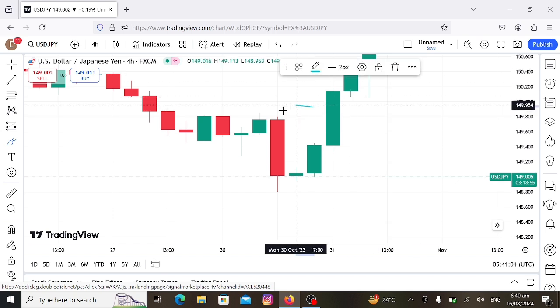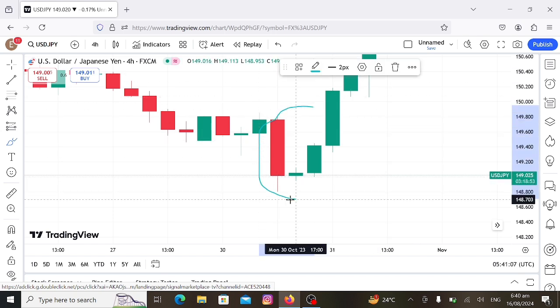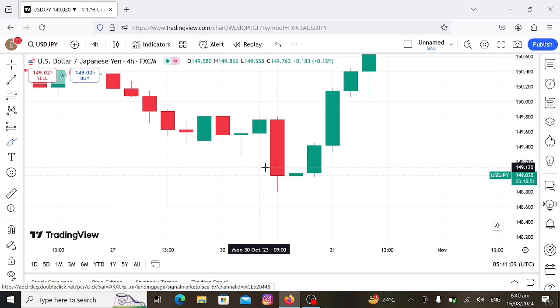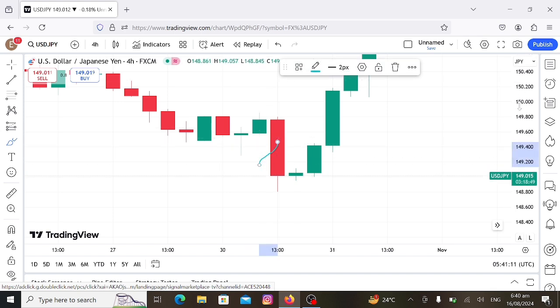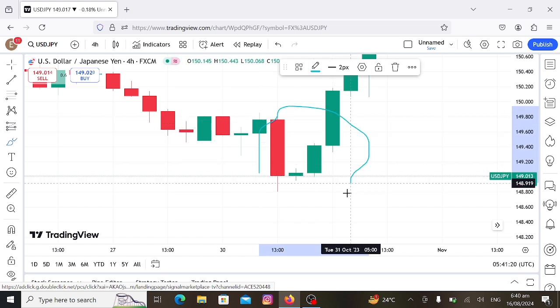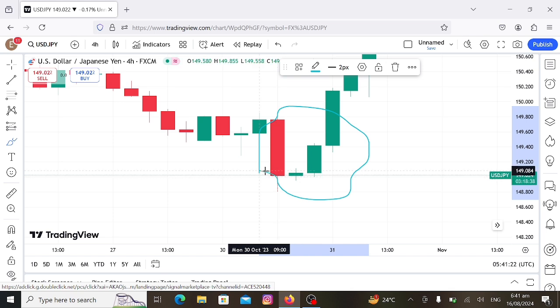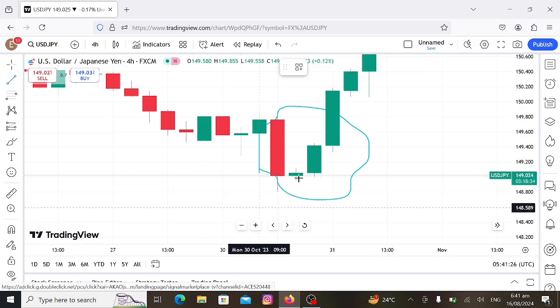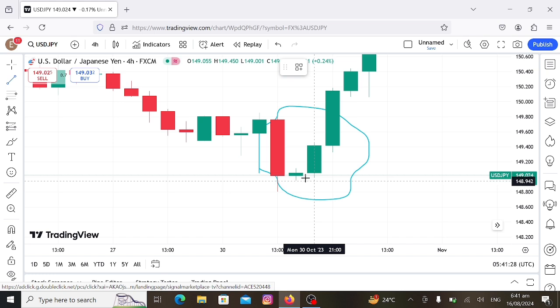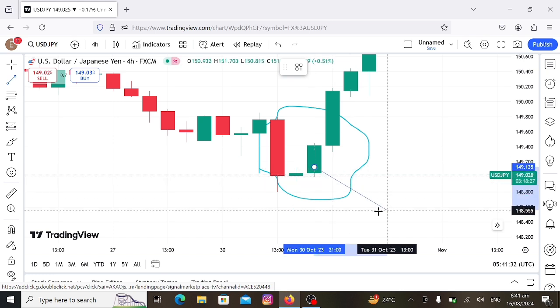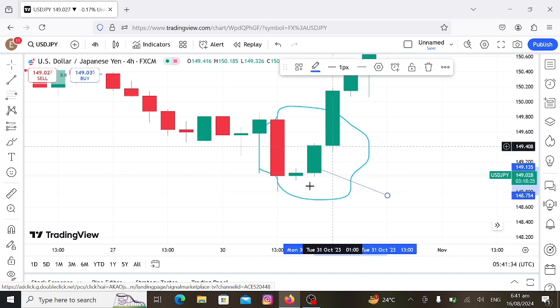A money star. This is how it looks like. This is a money star. This point here, a money star.